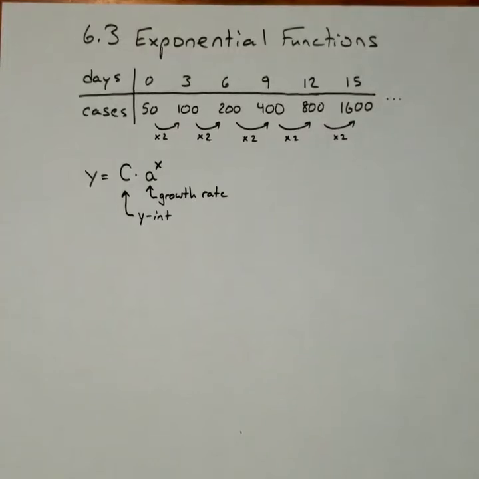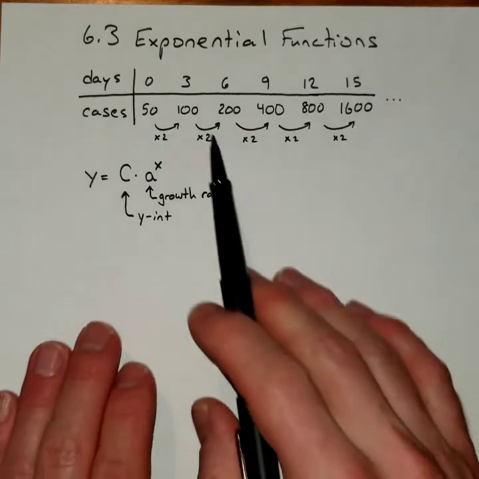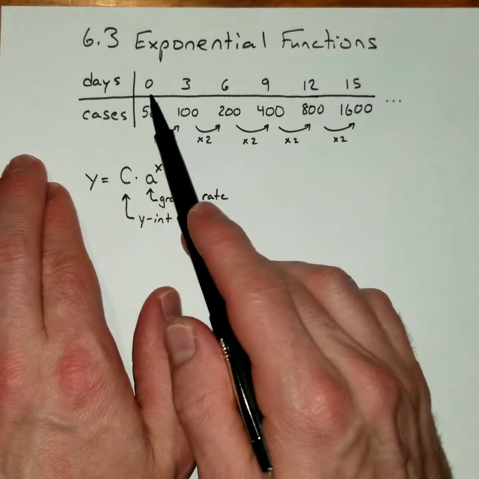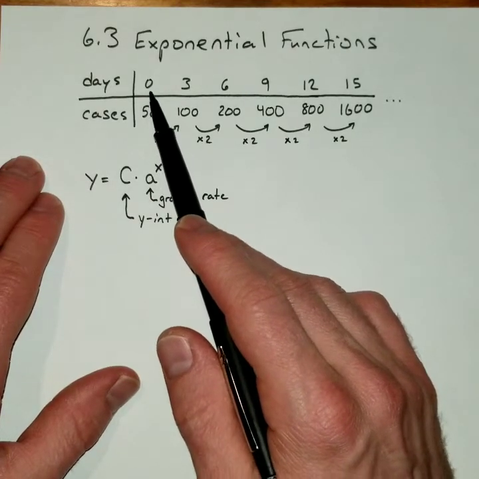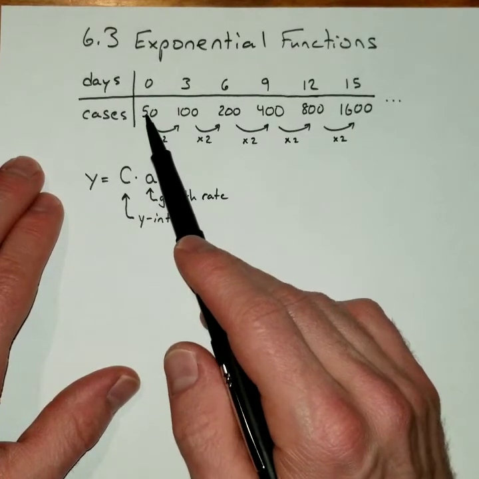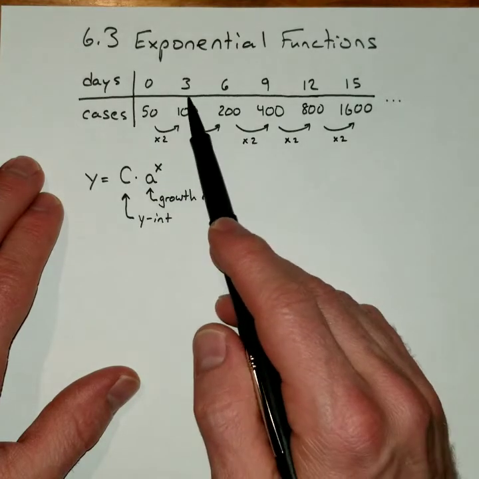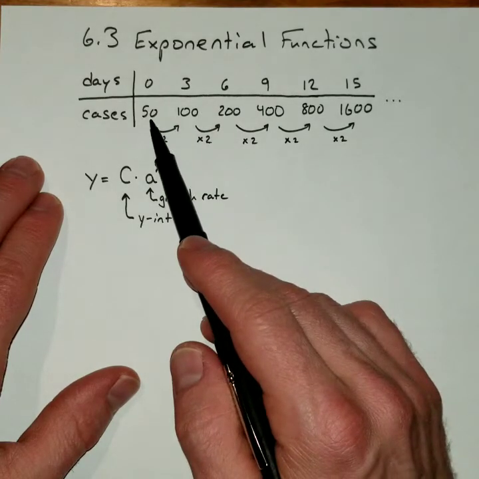So in our last video we looked at the exponential growth of the coronavirus, and we particularly looked at this chart looking at the doubling rate every 3 days. You can see how it multiplies by 2 every 3 days. We started with 50 people.